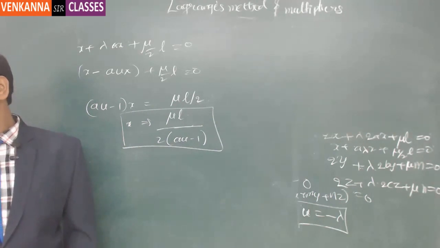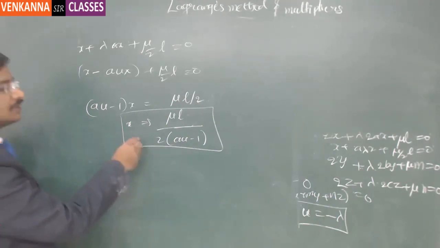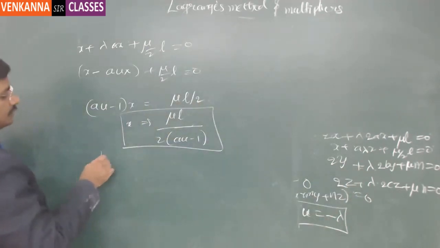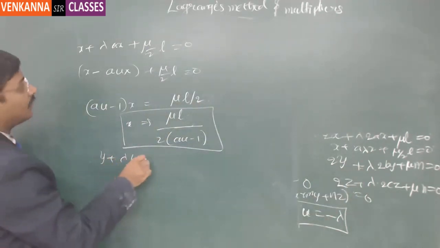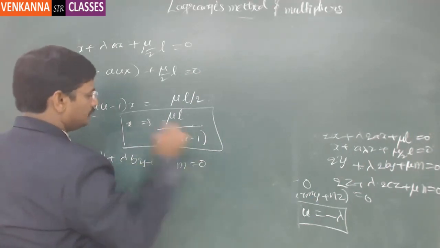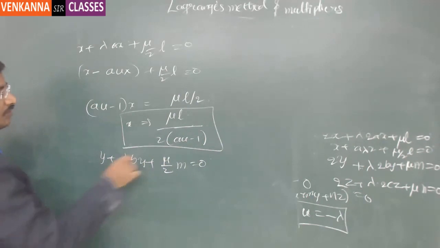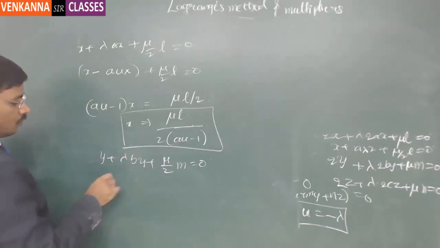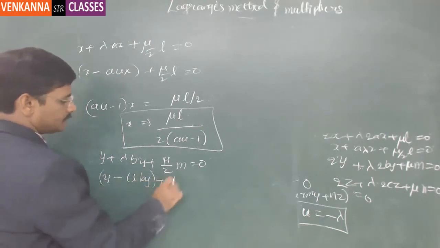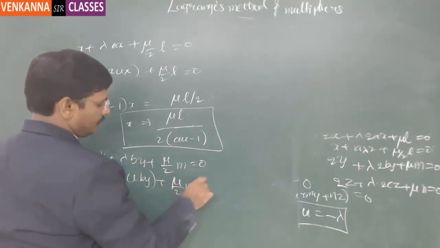Understood? Similarly, the value of y you can bring from the second equation. So in the second equation, that is y plus lambda by plus mu by 2 times of m is equal to 0, if I substitute the value of lambda to be minus u, y minus uy plus mu by 2 times of m equal to 0.